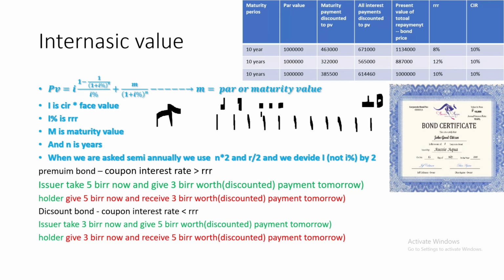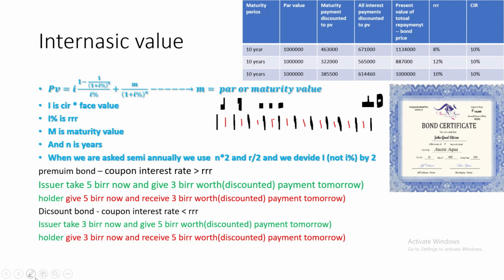However, for these 10 years, if the issuer wants to pay this 10% interest semi-annually, this will be given in terms of annual rate. If we say the issuer pays 10% annually and pays the interest semi-annually, we'll multiply n by 2. This means these 10 years become 20 periods.